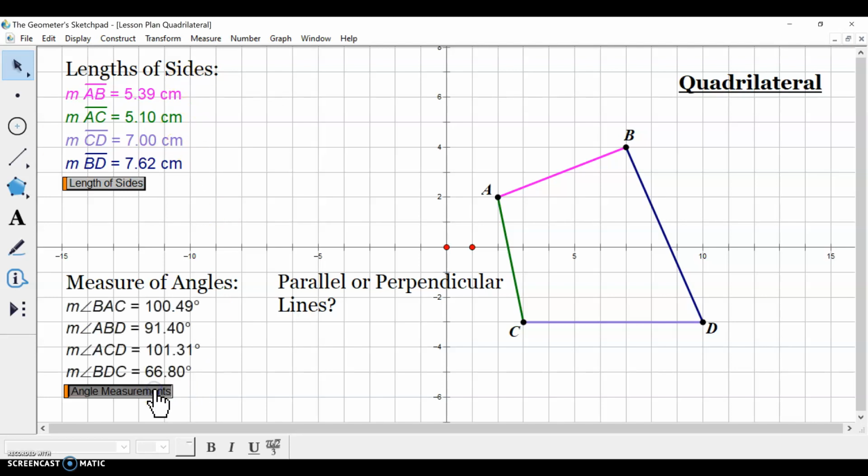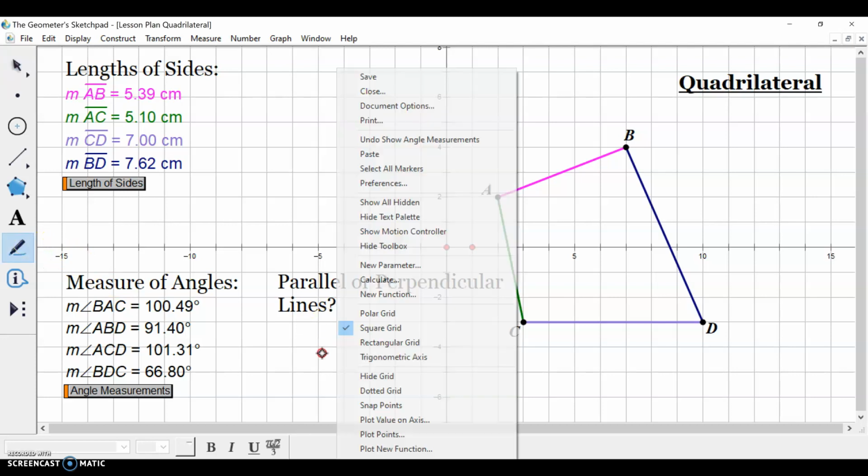Next, we are going to measure the angles. And again, all of the angles are different. So by looking at this figure, we can see that none of these sides are parallel or perpendicular to each other. So for this question, we can write none.